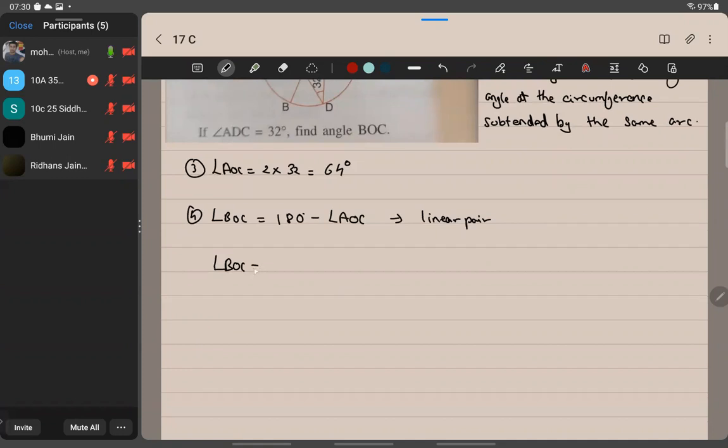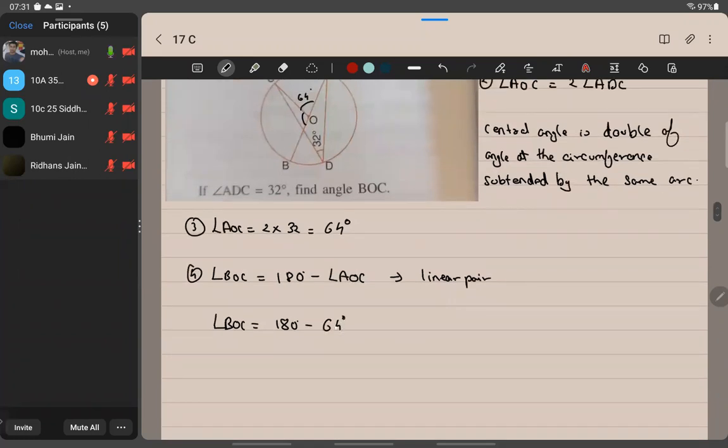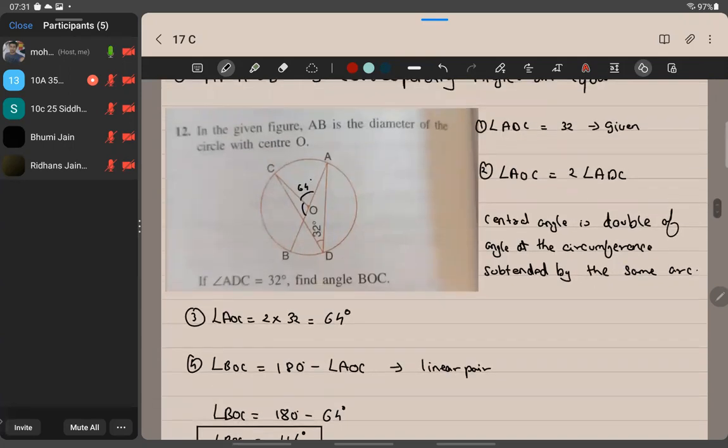So angle BOC is 180 degree minus AOC, how much? 64. 180 minus 64, 116 degree. So angle BOC is 116 degree. That's it. We wanted that only, right? Understood this?